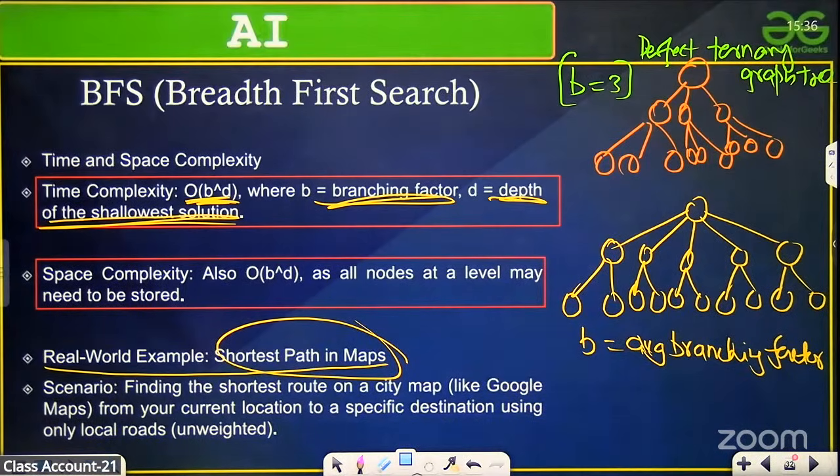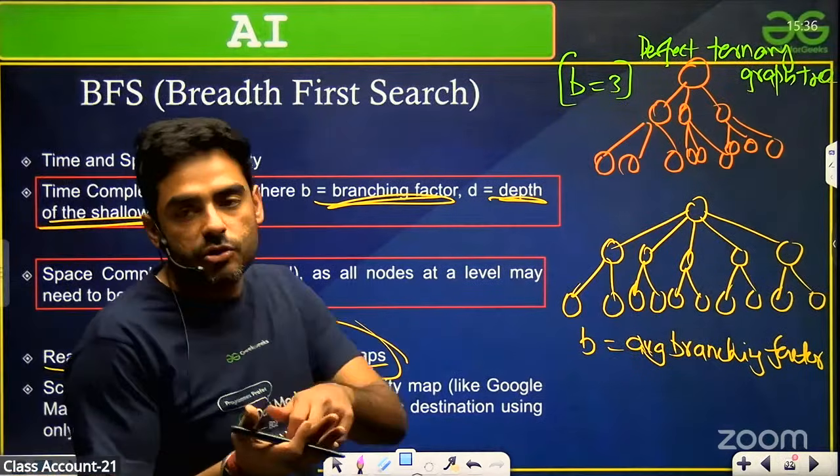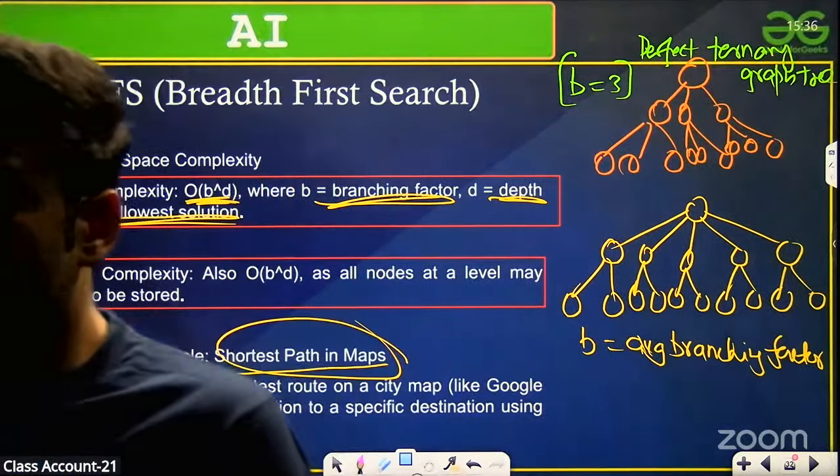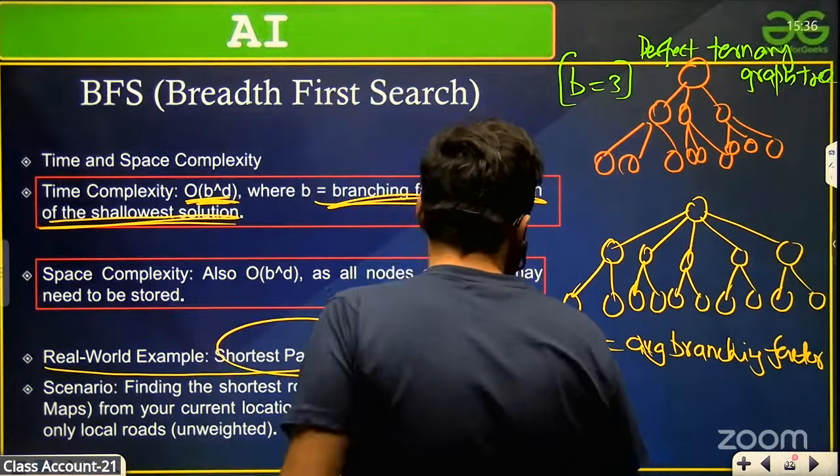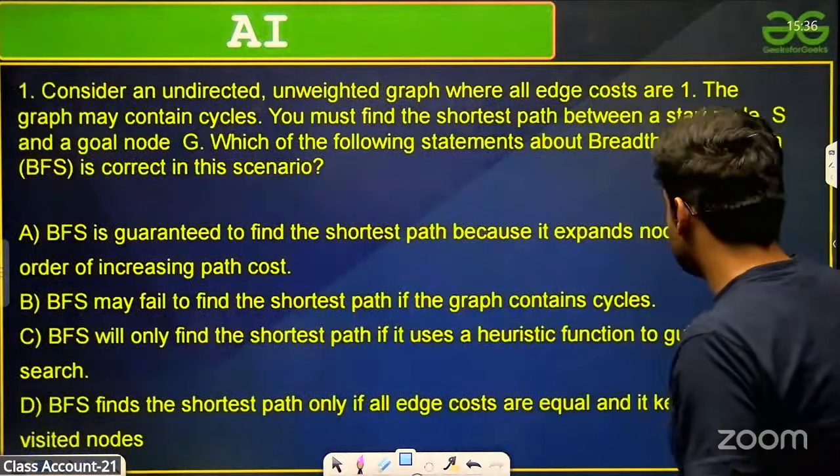Shallowest node means what? We have the deepest node. I hope you know the meaning of shallow and deep. Shallowest node means it only reaches the next level; it doesn't travel to the deepest level possible. In DFS, how does it work?